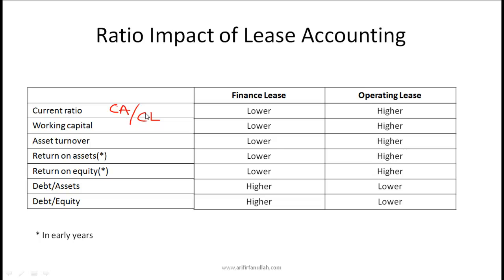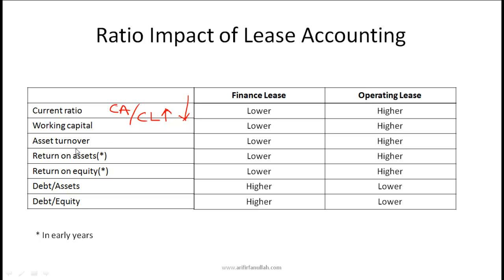When you have a finance lease, the current assets are clearly not impacted, but current liabilities go up because of the current portion of the long-term liabilities. So the lease payments that are due in the upcoming year increase the denominator, which reduces the overall fraction. And the same logic will apply to our working capital.